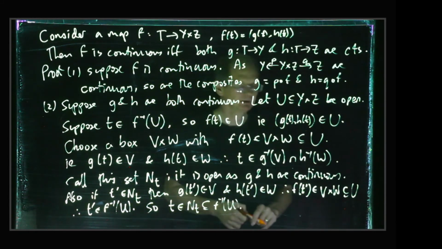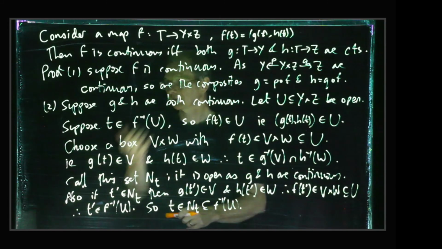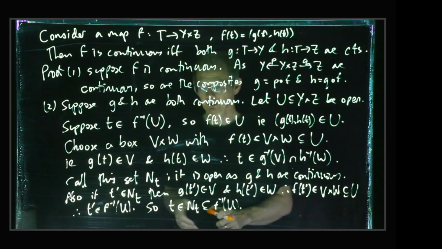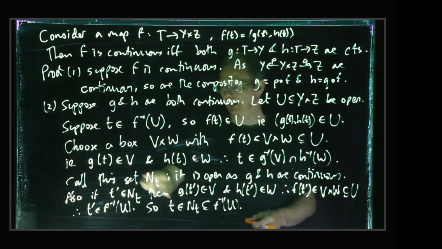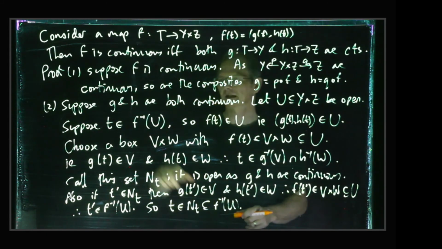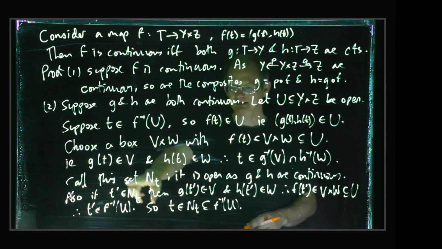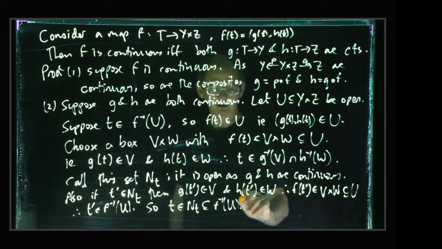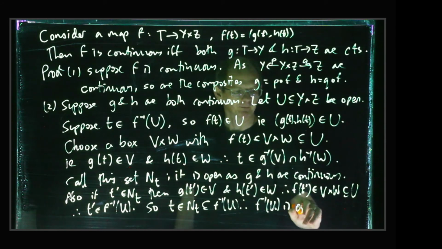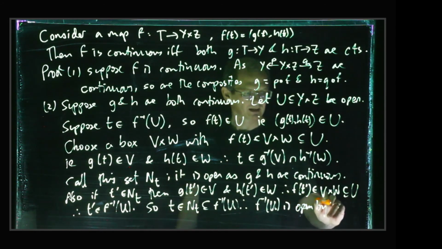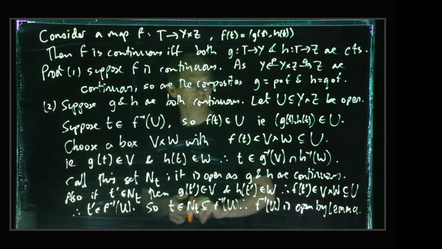And so by the lemma that we had a minute ago, we wanted to prove that this F inverse U is open. We've shown that for every point t lying in F inverse U, we've got an open set N_t that contains t and is contained in F inverse U. So F inverse U is open by the lemma.